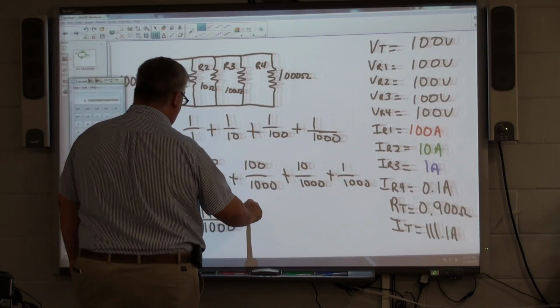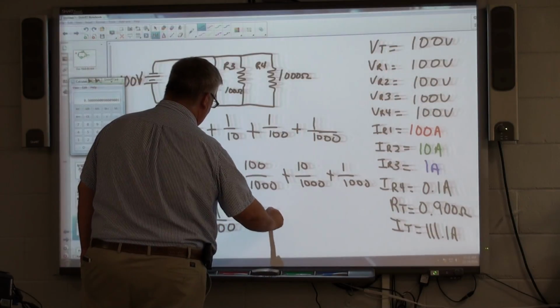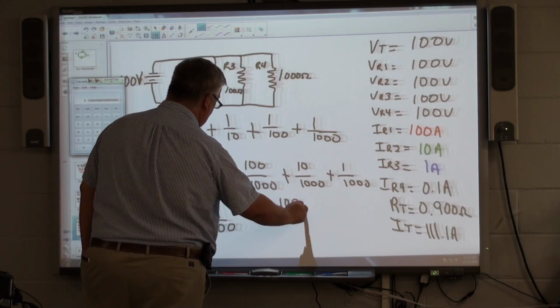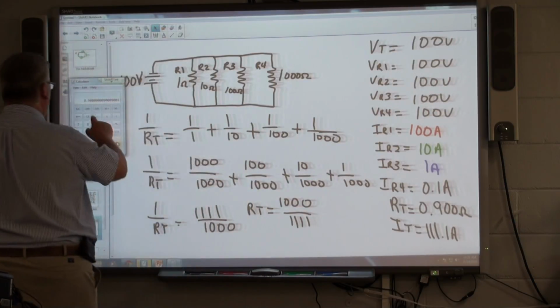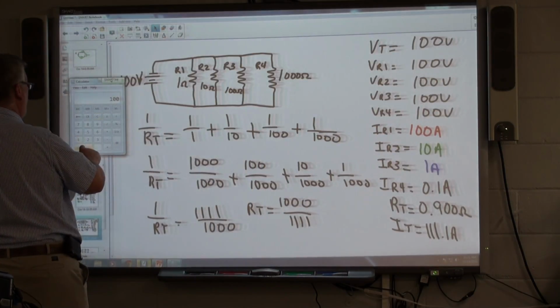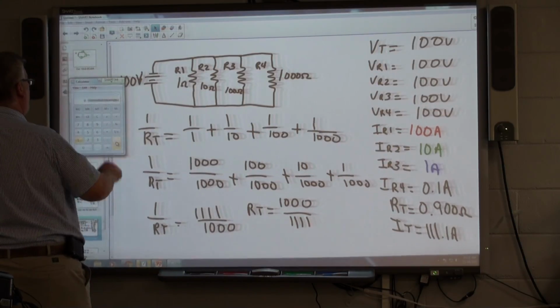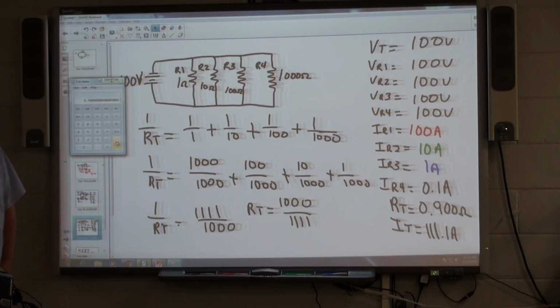We reciprocate it, RT equals 1,000 divided by 1,111. Well, by golly, you got it.